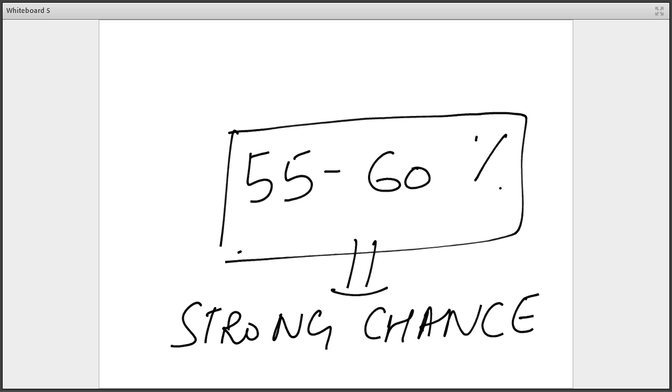And hence, my target score overall in a general category should be 55 to 60%. If I am at 60%, trust me, you need to do something really big as a blunder to not get selected for IIFT. I hope this much is clear to all of you so far.